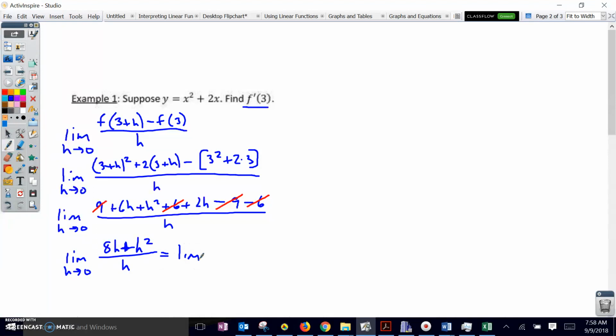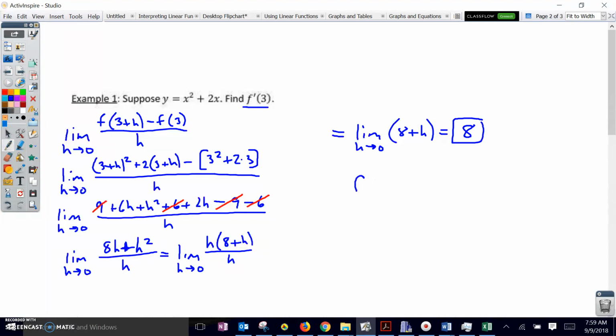And then now I can factor in the numerator. And now I can go ahead and cancel an h out of both of those. And we end up with the limit as h goes to 0 of the quantity 8 plus h, which we'll find via substitution to be 8.